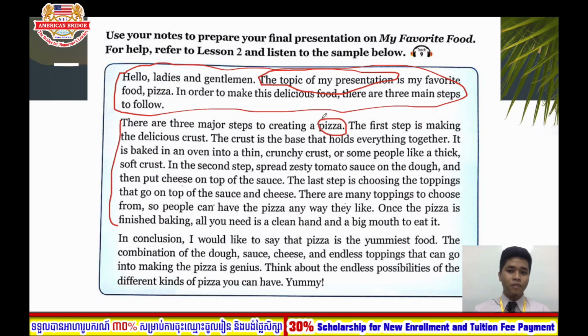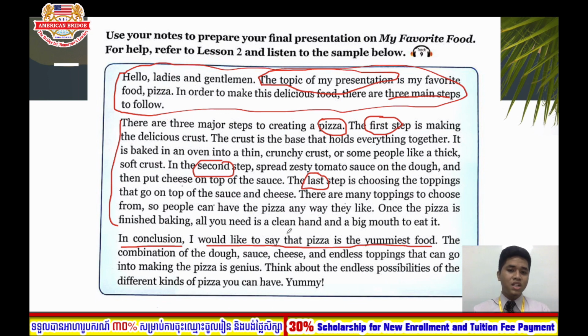So how many steps? He also mentioned this once in the introduction: 3 main steps. So here we can say he used the word first. He also used the word second and the word last. So these 3 words are very useful words in order to show the process of doing anything. So in the conclusion part, he gave his own idea regarding the food he likes.